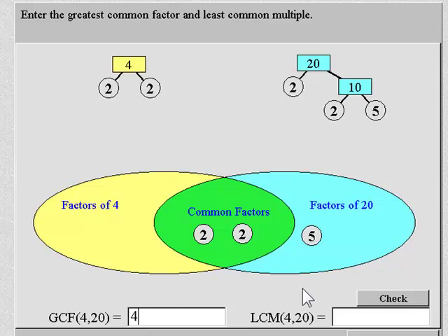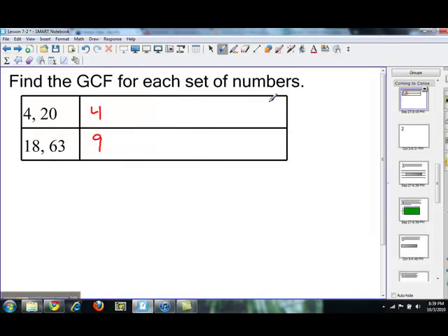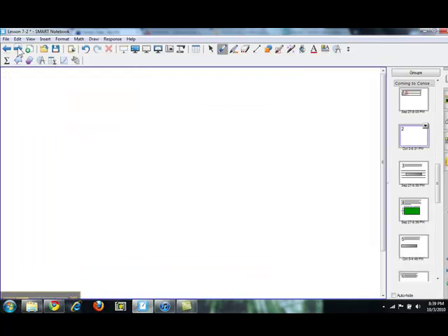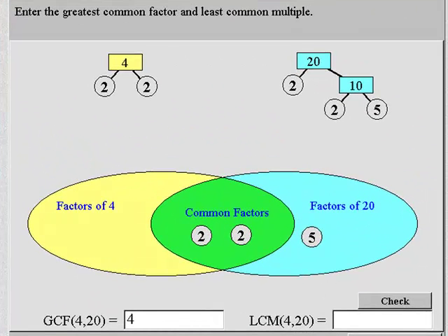This time we're going to take a step further and we're going to find the least common multiple. What we can do is multiply all 3 of the prime factors. So 2 times 2 times 5. 2 times 2 is 4, and 4 times 5 is 20.